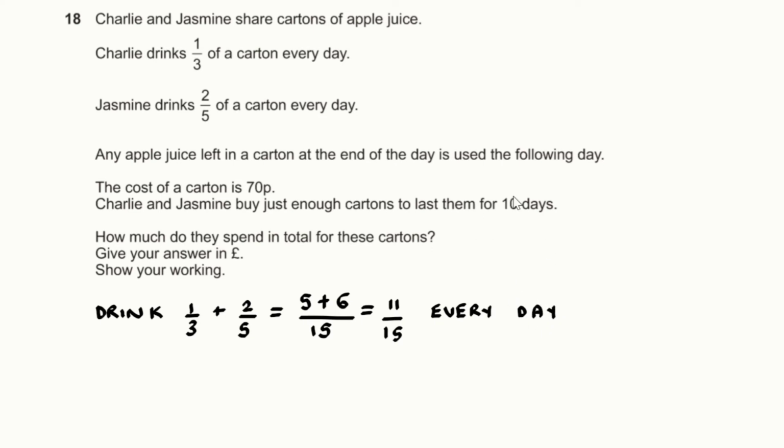And how much then do they drink in 10 days? Well, 10 times 11/15, that's going to be 110 over 15. And can I simplify that? 110 divided by 15 is 22 over 3, which is equal to 7 wholes with 1/3 left over.